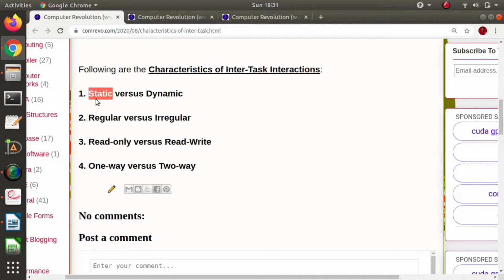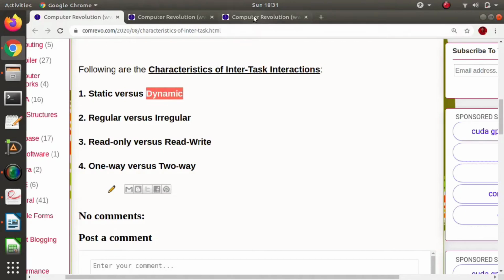As these interactions happen at a particular time interval, before execution of that particular algorithm we can know when the interaction will happen. We'll know when the interaction will happen before the execution of the algorithm, and that's why it is called a static interaction. While if these interactions do not happen at a particular time interval, we cannot know before the execution of the algorithm, we can know only at runtime, so it is called a dynamic interaction.